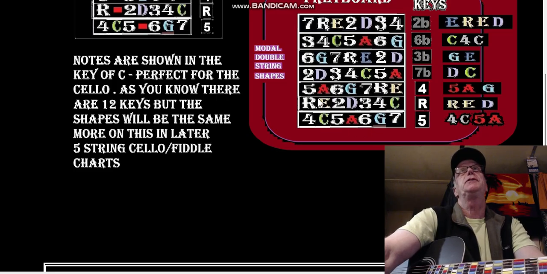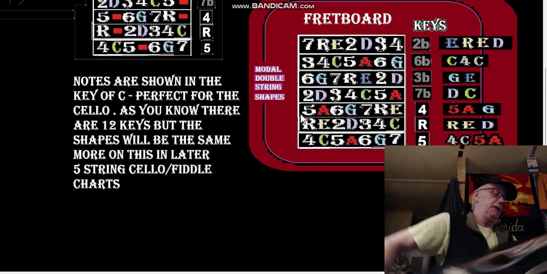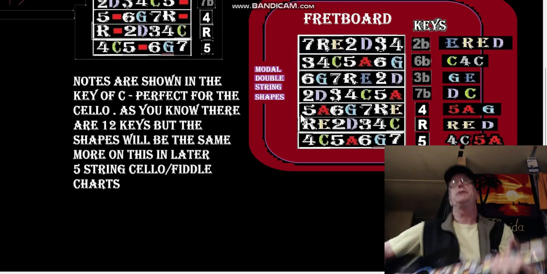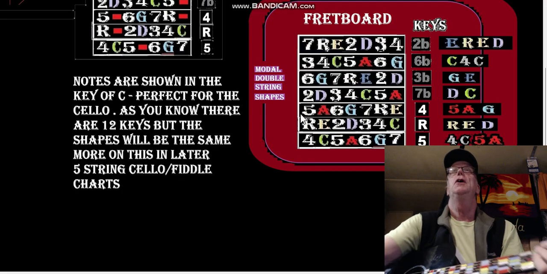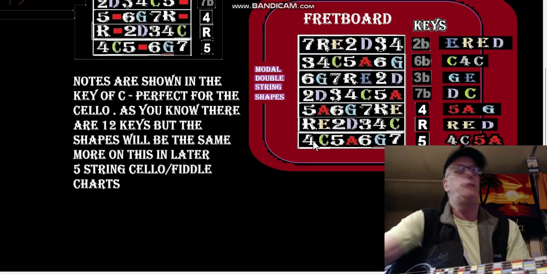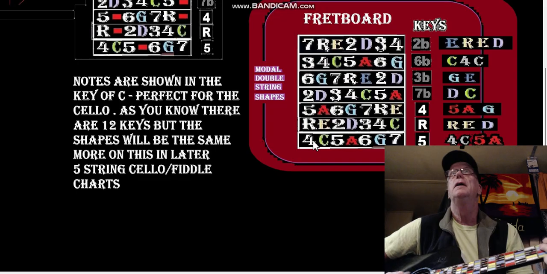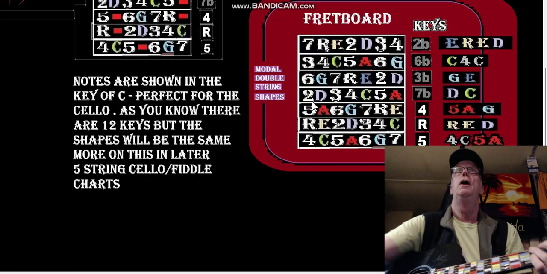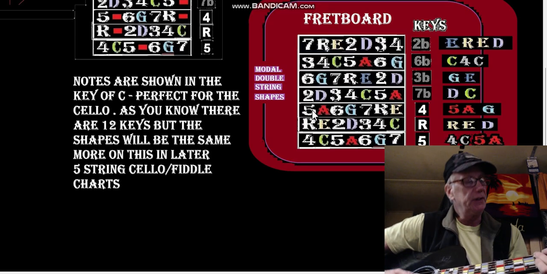So in guitar, as you know, I'll pick up the guitar and I'll just show you. Starting on root 2, 3, it'd go root 2, 3, would go up to 4, 5, 6. Or if we start on 2, 3, 4, 2, 3, 4 goes up to 5, 6, 7.